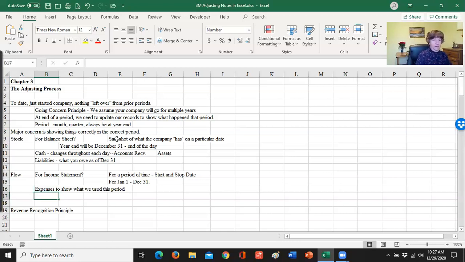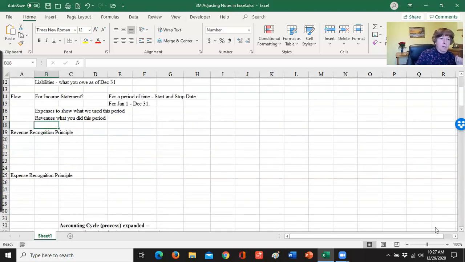And I've got this upside down, but the revenues is what you did as far as sales, and if you're a service company, what did you actually do this period? So we have to get everything in the right place. And what our adjusting journal entries do, we'll move things between the income statement and the balance sheet to make sure that they're on the right financial statement at a particular period.